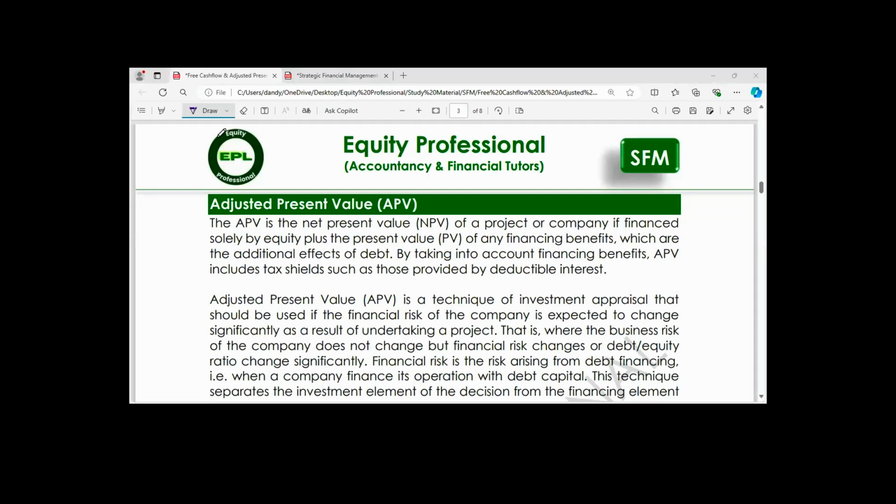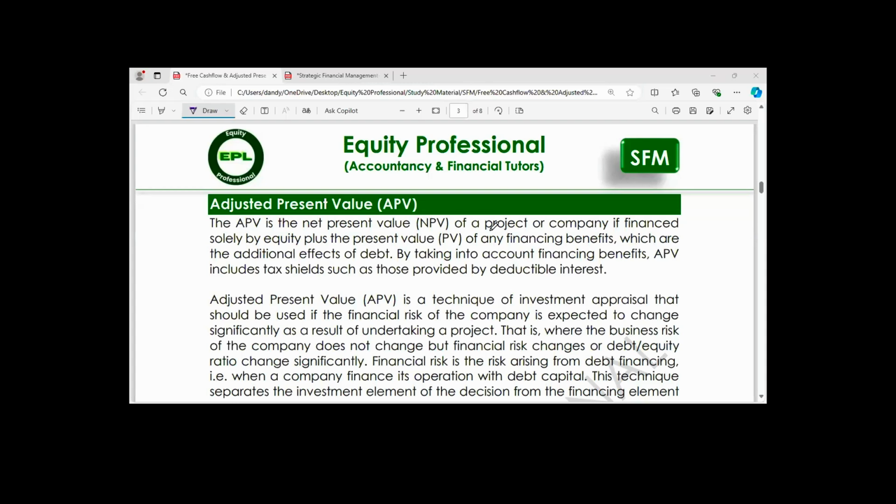The adjusted present value is a technique designed principally to appraise a project where the financial risk or debt equity proportion of a company is expected to change significantly as a result of undertaking a project.